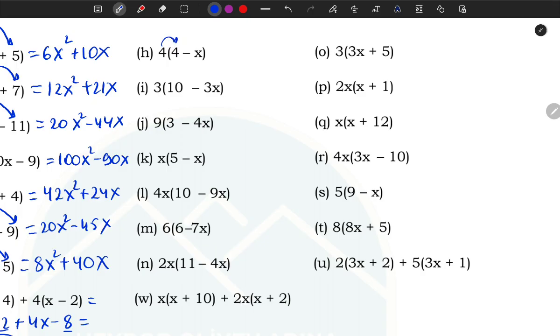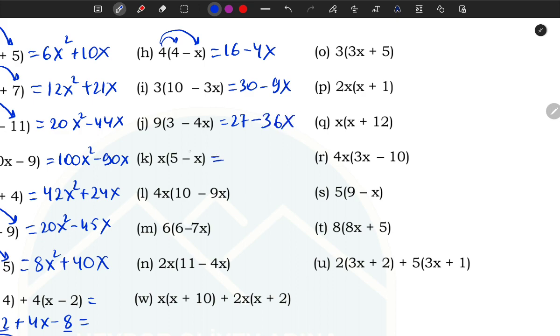In this variant, we need to multiply 4 by 4, then 4 by negative x, and we get 16 minus 4x. Here we need to multiply 3 by 10, 30, minus 3 by 3x, 9x. 9 multiplied by 3, 27, minus 36x.